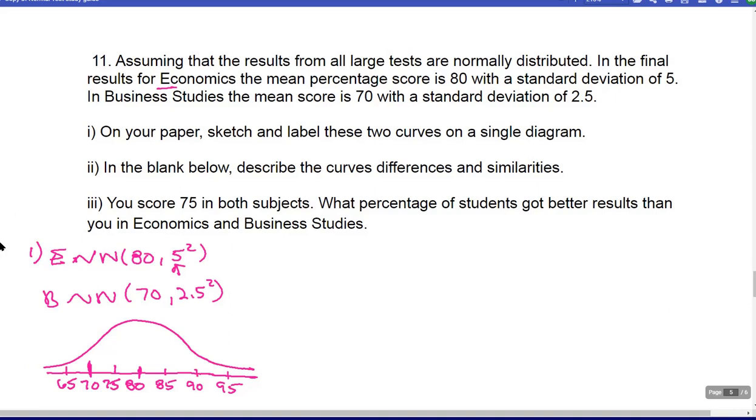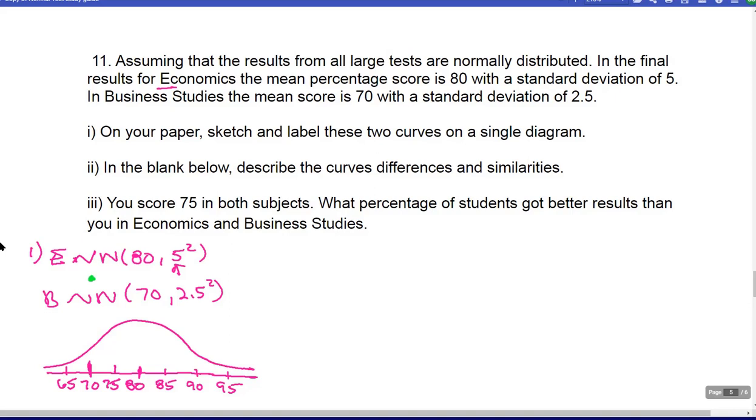So what I'm going to do is, I'm going to say that the other graph is going to go up this high. Now keep in mind, 3 standard deviations is going to be most of the graph. So what's 3 times 2.5? 7.5, is that right? Yeah, 7.5.